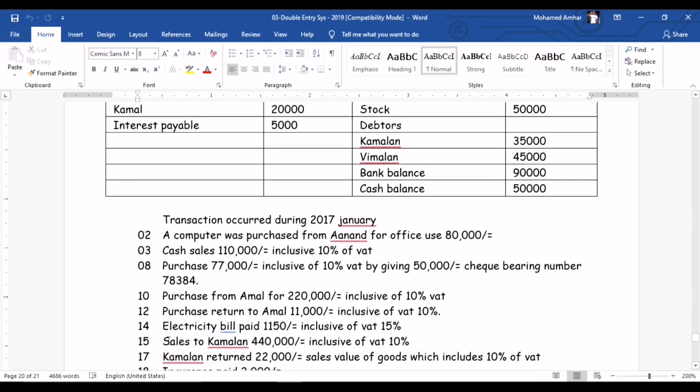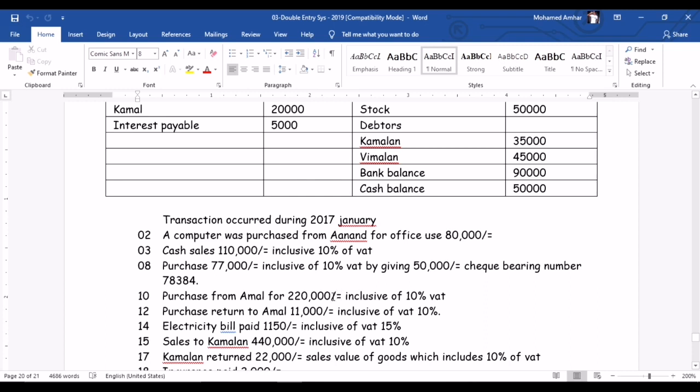And then the date is 10. Purchase from Amal for 220,000 inclusive of 10% VAT. So it should be recorded in the purchase journal.